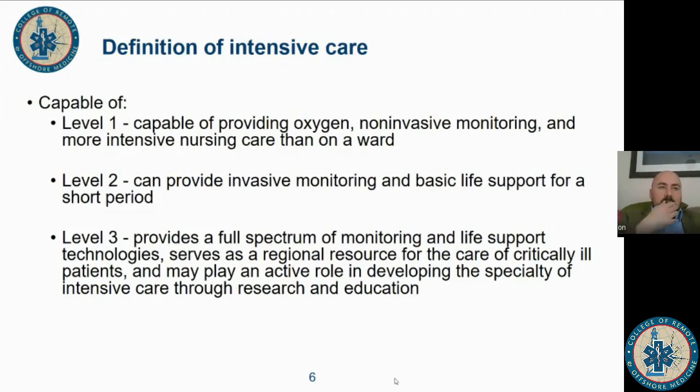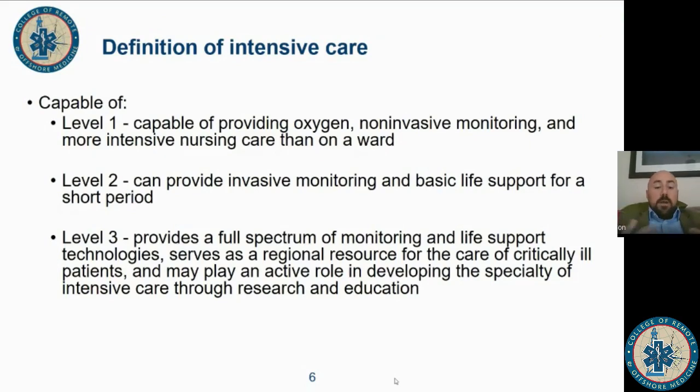However, if you're part of a big organization that's well funded with a lot of resources, it may be that you're capable of level 2, which would be where the facility can provide invasive monitoring and basic life support for a short period of time. So that would be arterial lines, ventilatory support, and so on. And then level 3 intensive care is where your facility can provide a full spectrum of both monitoring and life support technology.